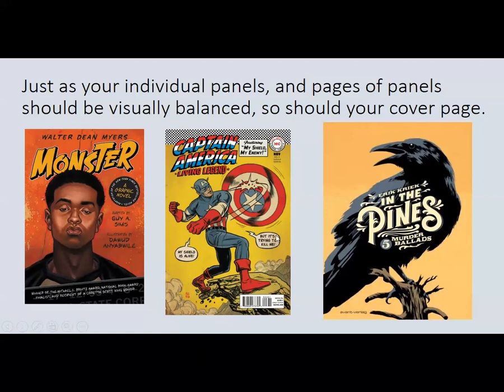The text goes to Captain America. So you have all these implied lines that keep pulling us into different parts of the picture. You really want to think about that, because with your cover picture, you want people to be pulled into it and to look at it. So let's go to Monster.